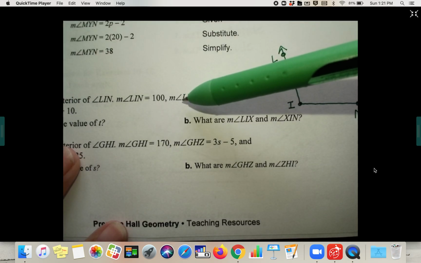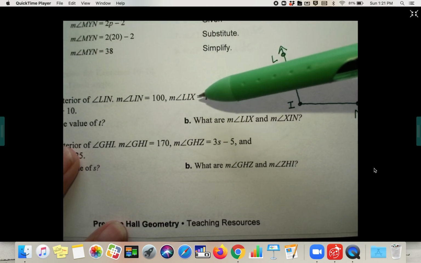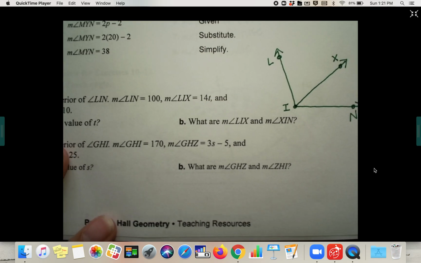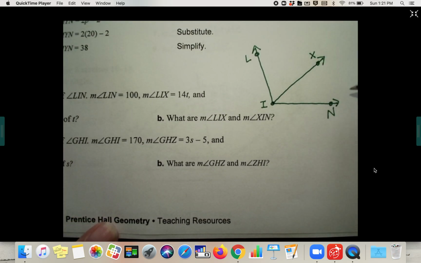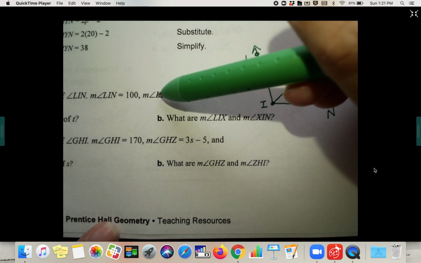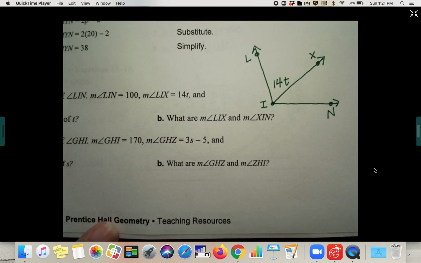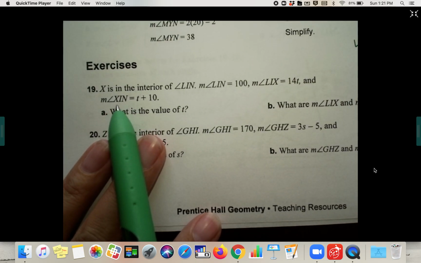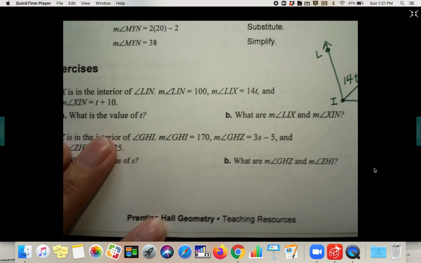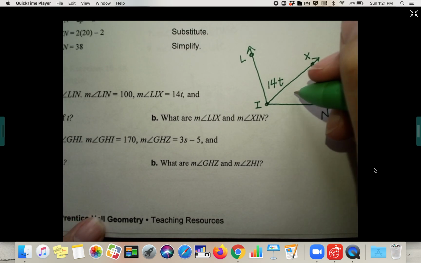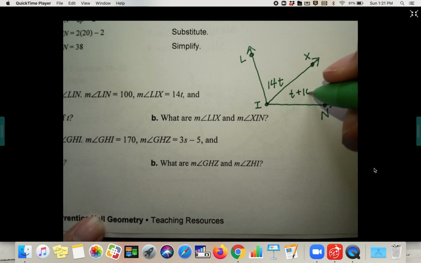The measure of angle LIX is 14t. I don't know where X is, so I'm just going to put it out here somewhere so that we have a visual. It doesn't have to be accurate, because we don't know how big these are. The measure of angle LIX equals 14t, and the measure of angle XIN equals t plus 10.